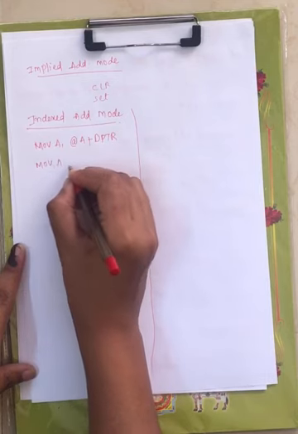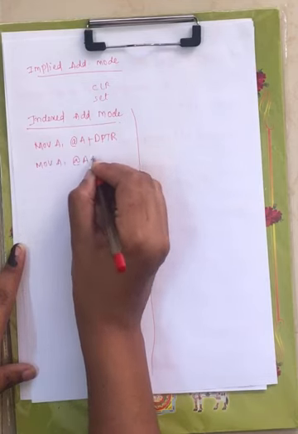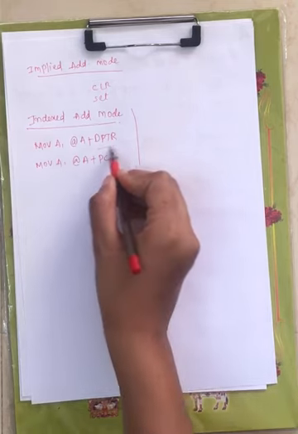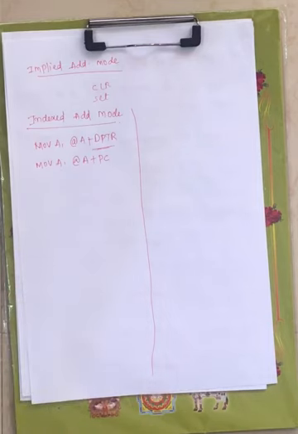Similarly MOV A, @A+PC. Now here the difference is, one instruction has the data pointer, which is 16-bit and will point to the data. The other instruction has the program counter, which is also a 16-bit register. That stores the address of the next instruction that is to be executed, and this will point to the data.